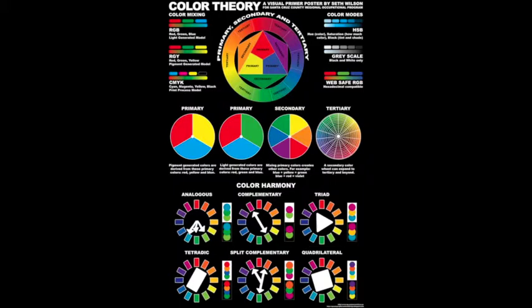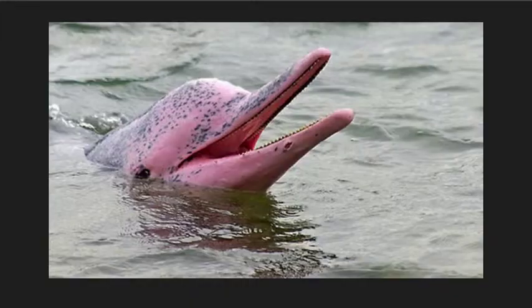Tertiary colors are colors that are made from secondary colors or secondary and primary colors. So that's when we start to get more numerous in our possibilities. But like I said before, color is happening in nature in a much more free-form way.